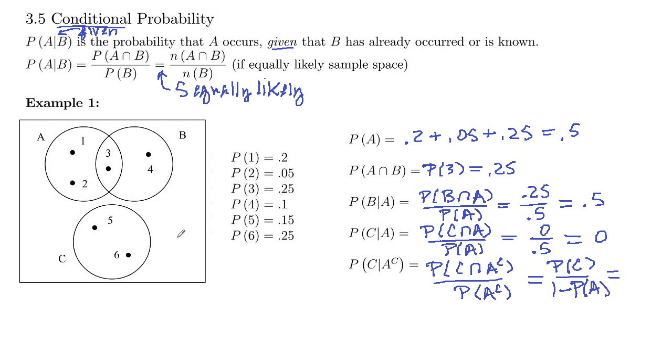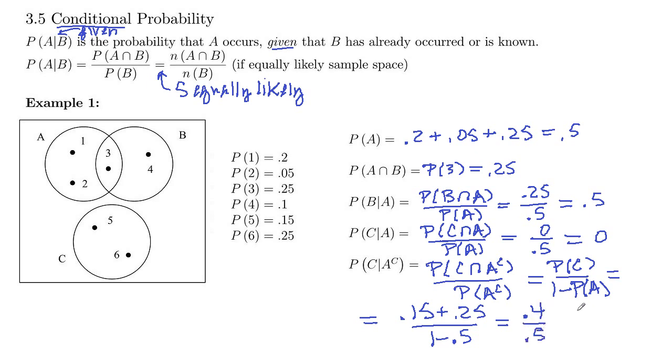So your probability of C, there's two sample points in there, 5 and 6, so we add their probabilities. So this will be in the numerator, 0.15 plus 0.25. And then in the denominator, probability of A, we figured here was 0.5, so 1 minus 0.5. So let's see, that's going to be 0.4 divided by 0.5.